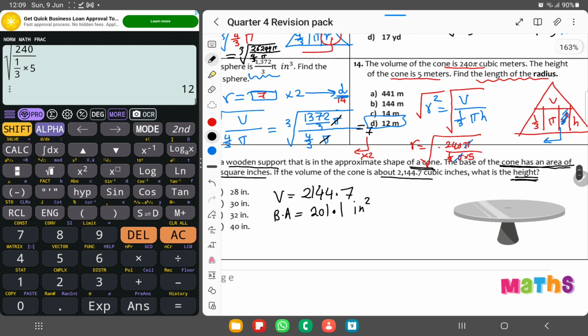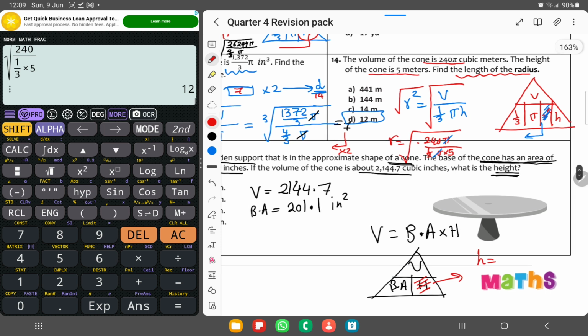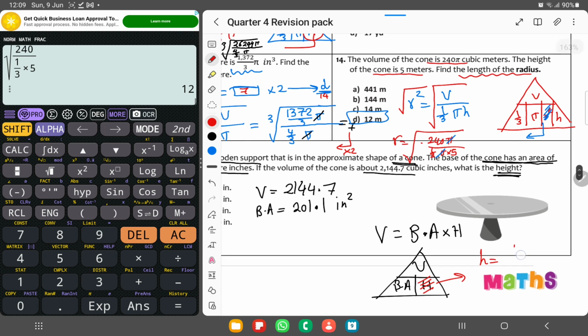Okay, so we know that the volume of any shape is base area times height. We can write it in this triangle. Volume equals base area times height. So if I want to find the height, we shade it. Very good. And then the height is equal to volume divided by base area.